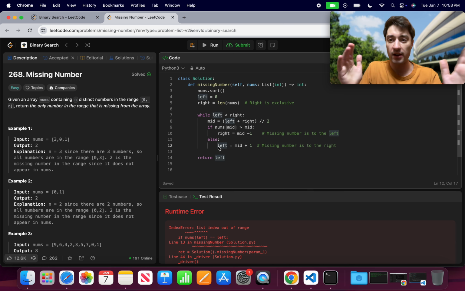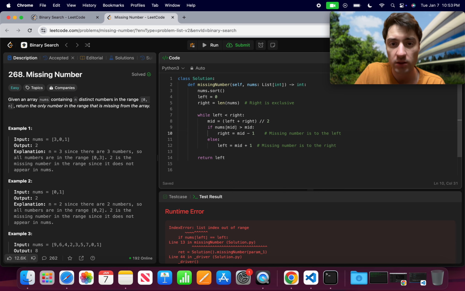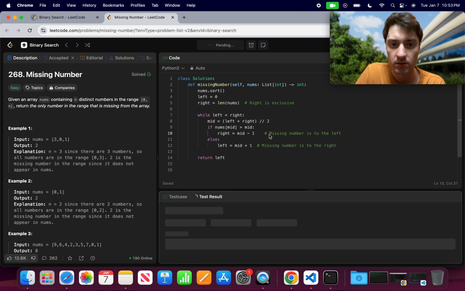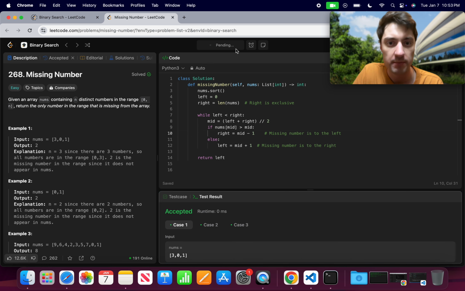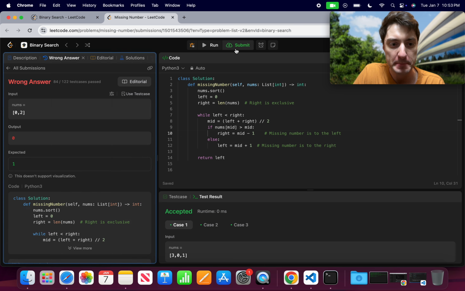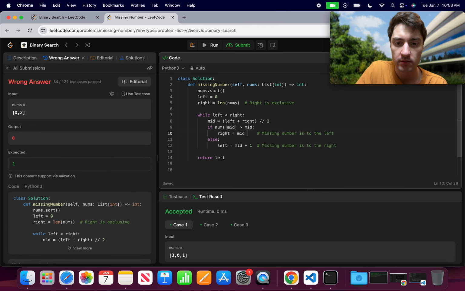This one is on the left, this one's on the right, and so this one is negative. Anyways, I do this, press submit, fails. There, fails. I take this away, okay, passes.